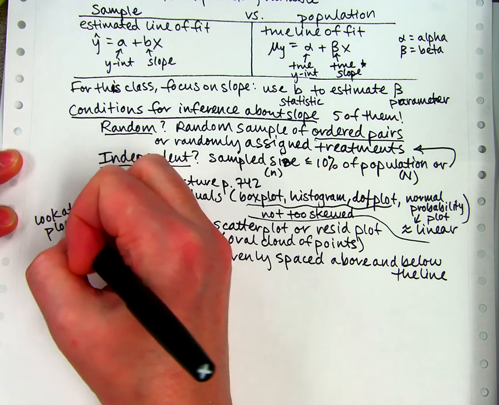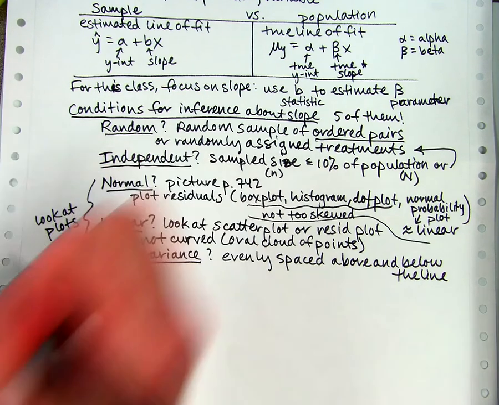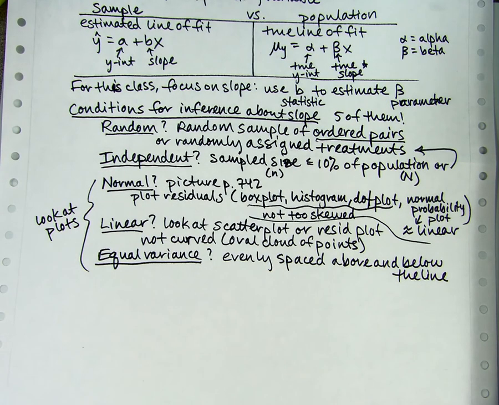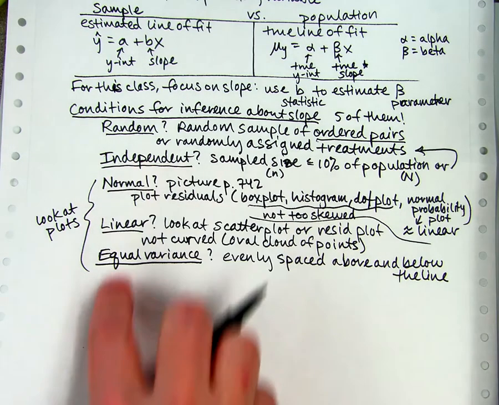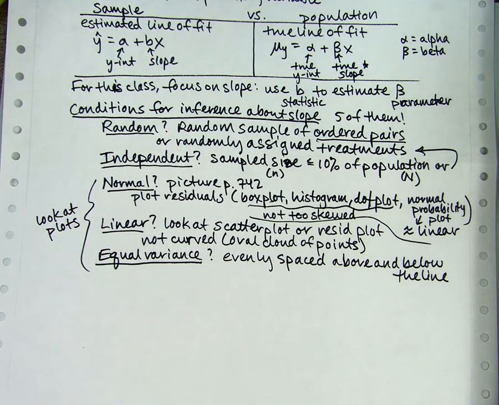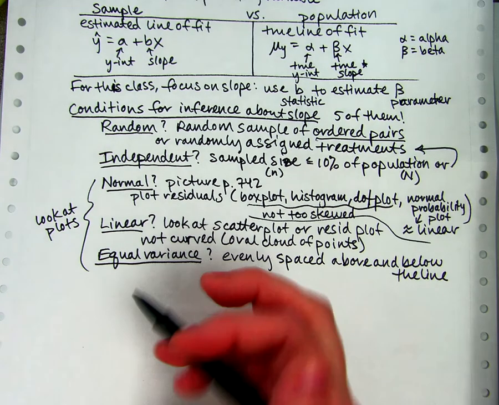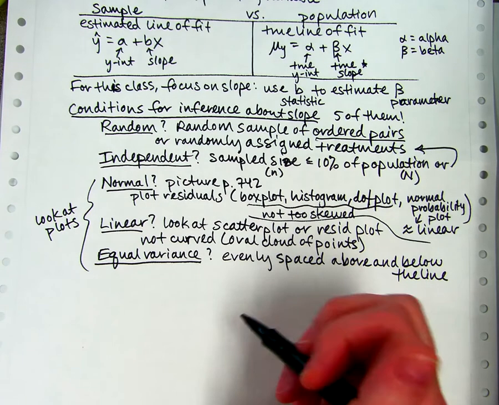And there's no other way, like in the means where you could check to see if it's bigger than 30 and then you didn't have to look at the plot. This one you have to look at the plots for all three of these. The good news is usually they give you the plots, and like you'll see this in the homework, they'll give you these plots and say based on these plots are the conditions met. And so you just look at them and describe what you see.